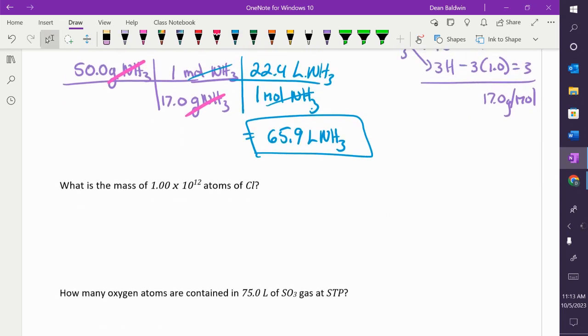Now we're going to convert atoms of chlorine. What is the mass of that many atoms of chlorine? I don't know why you'd want to know that, but we're going to figure it out. Okay. So 1.00 times 10 to the 12 atoms of Cl.